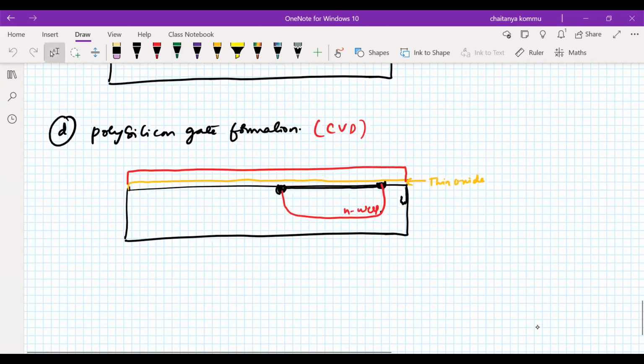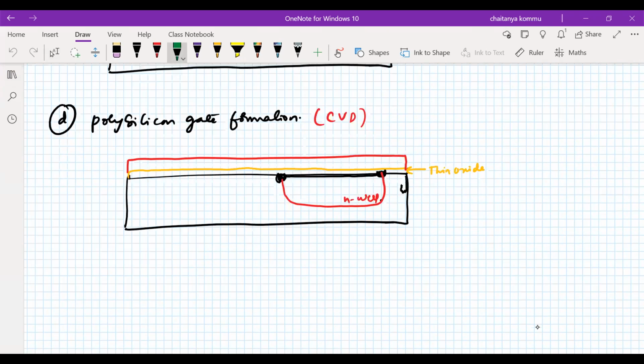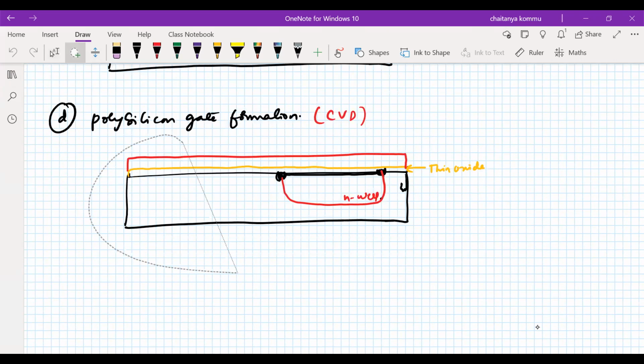So up to this point, we have completed the polysilicon gate.